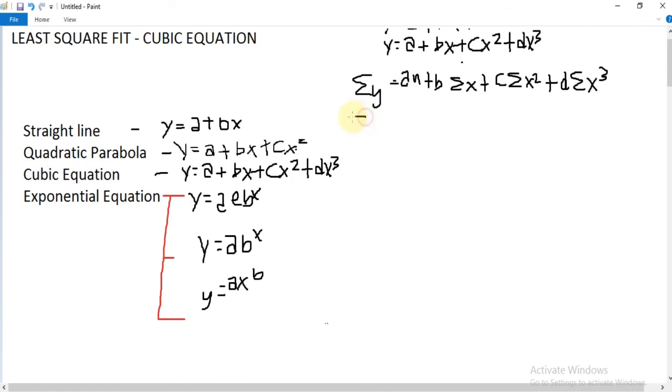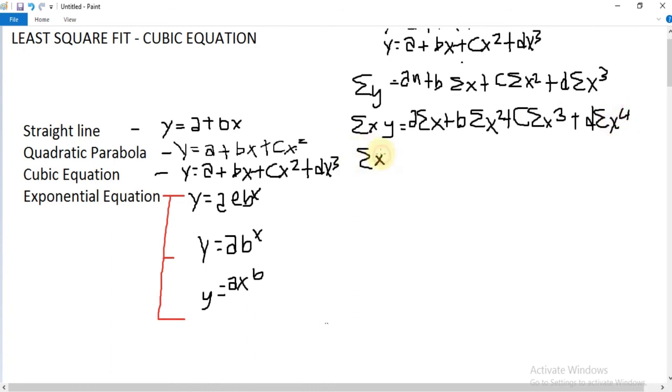Next, the summation of xy equals a summation of x plus b summation of x squared plus c summation of x cubed plus d summation of x to the fourth.